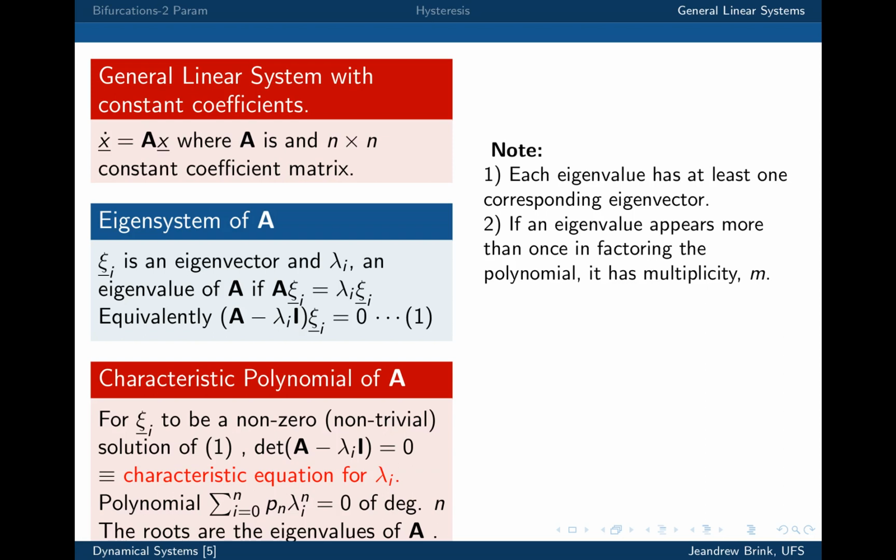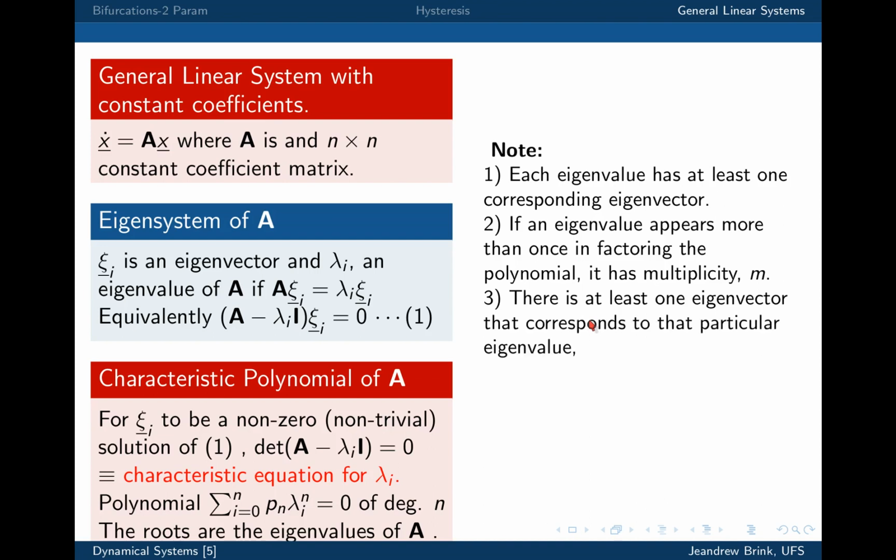Okay, so now we know what the multiplicity is. Let's go on and say there's at least one eigenvector that corresponds to a particular eigenvalue. So for both those different polynomials, you're always going to have one eigenvector corresponding to the eigenvalue. Here you're going to have one eigenvector corresponding to the eigenvalue 4.